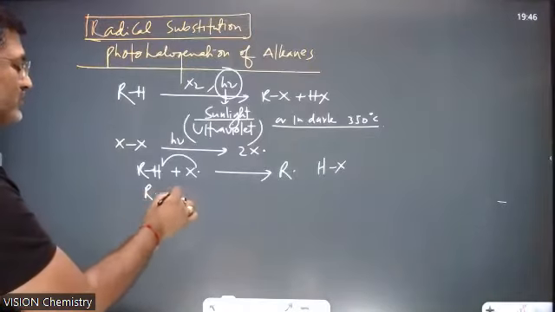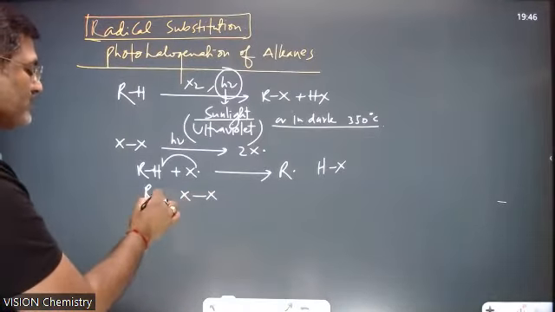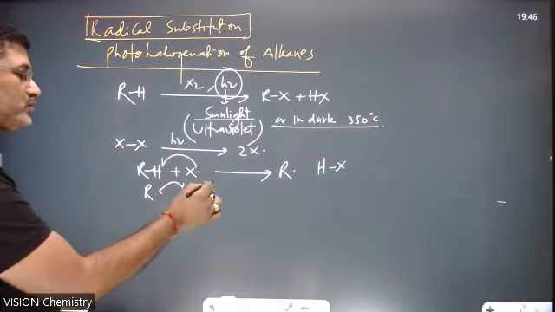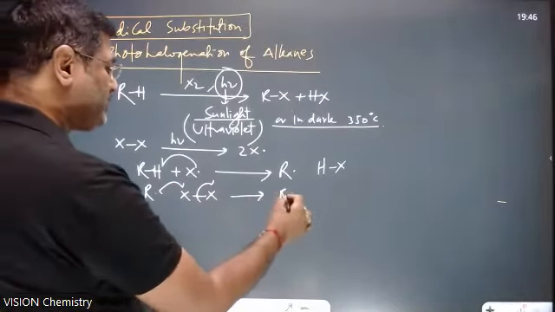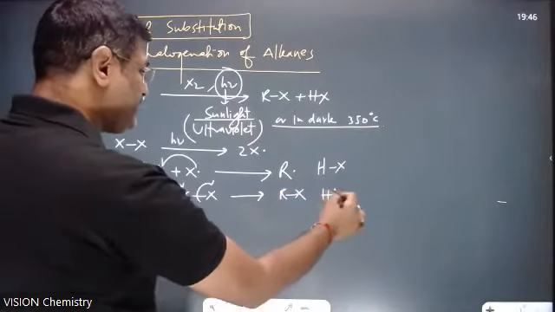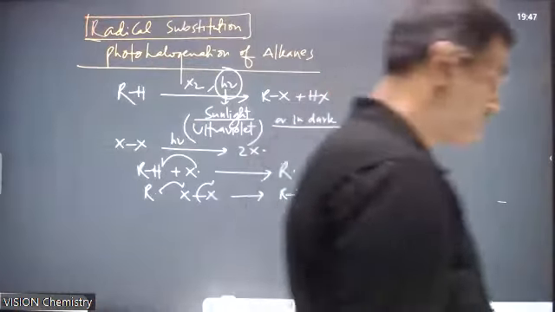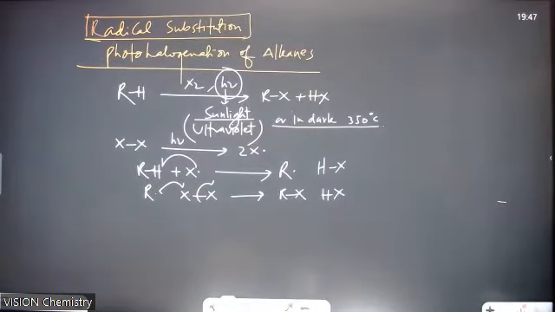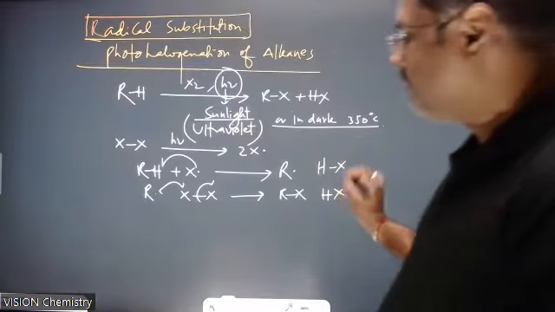Now this will induce other halogens for this kind of cleavage, and so we get here RX and HX.